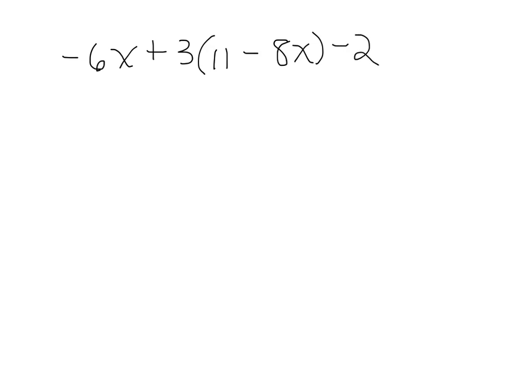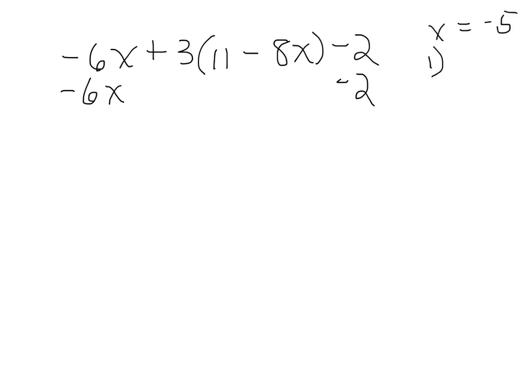Now to complicate, simplify, and then evaluate. So we're going to do a problem like that now. What if I say negative 6x plus 3 times 11 minus 8x minus 2. So again, I'm going to bring down negative 6x, I'm going to bring down negative 2, and then x equals negative 5.